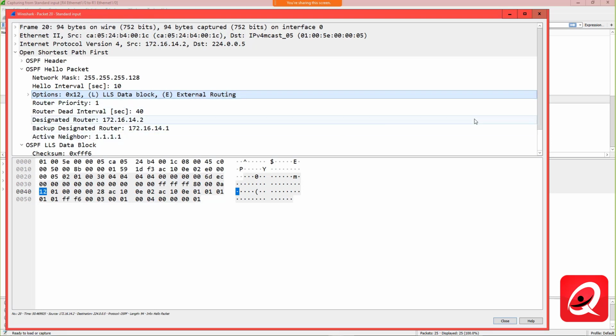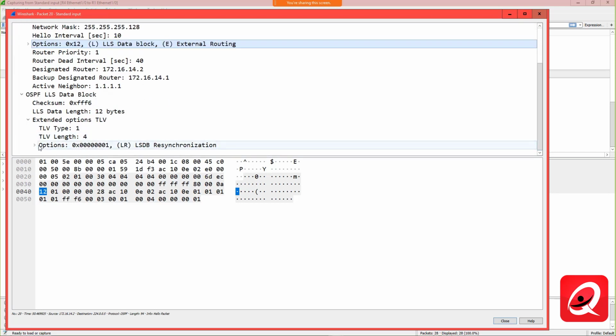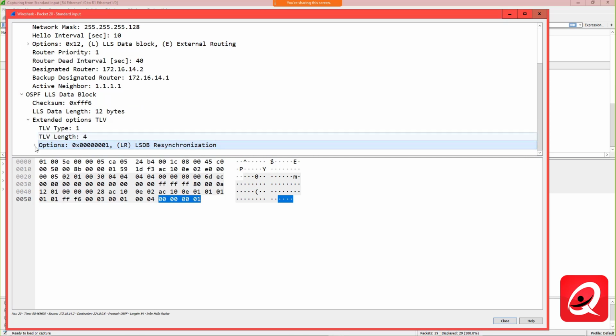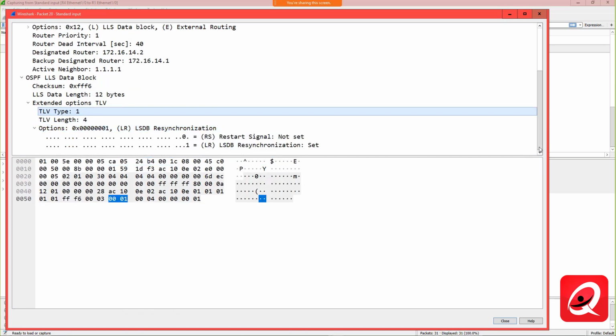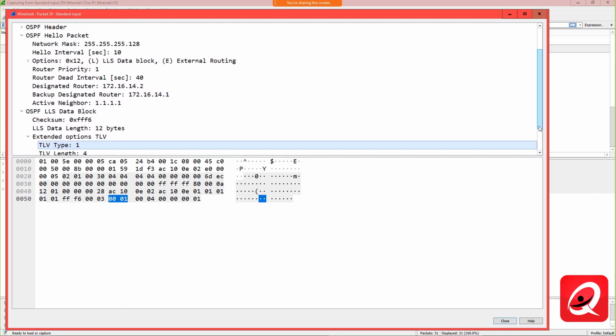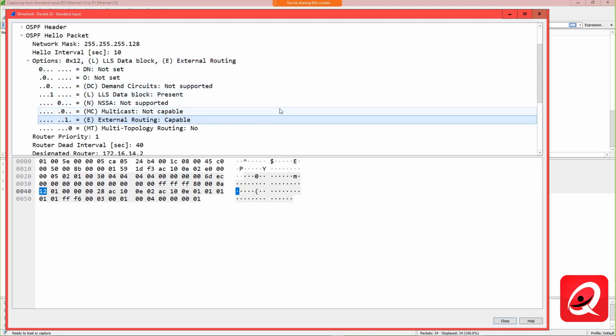We would also see that in the link state advertisement, specifically the type 1 LSAs, all right? And let's see if we see that down here. We may see it down here, but we'd probably have to do a reset of the OSPF process. But this E bit, which is right here, indicates that this router is an autonomous system boundary router. Okay?